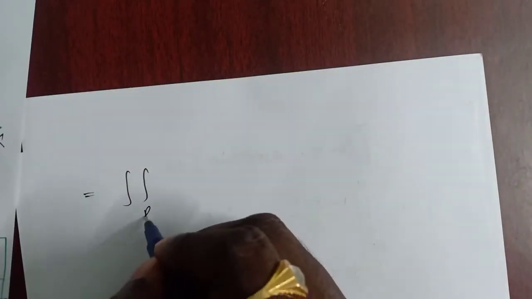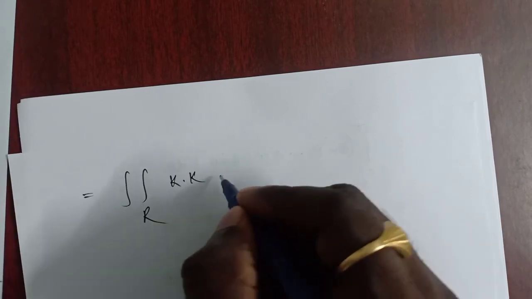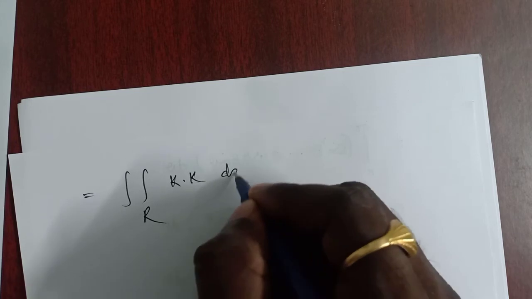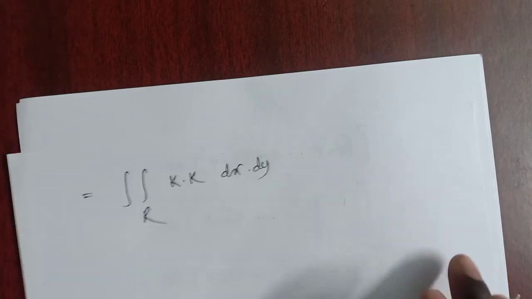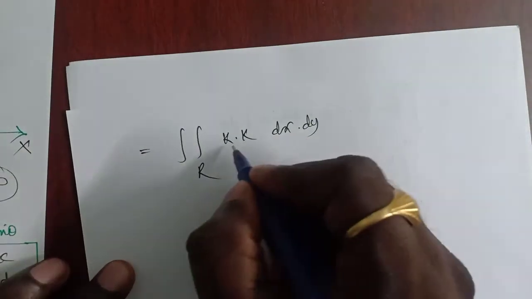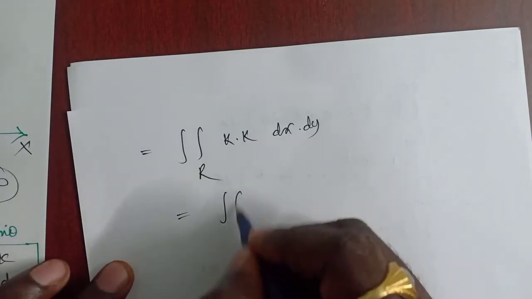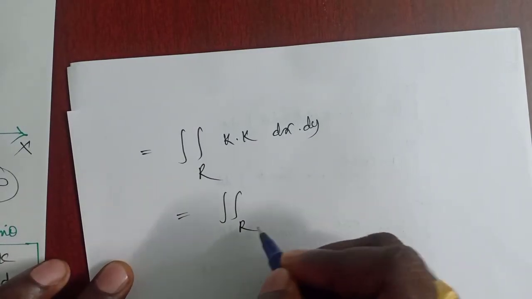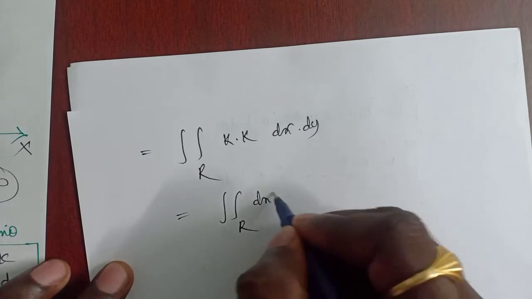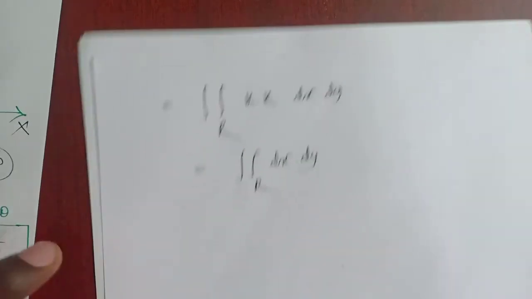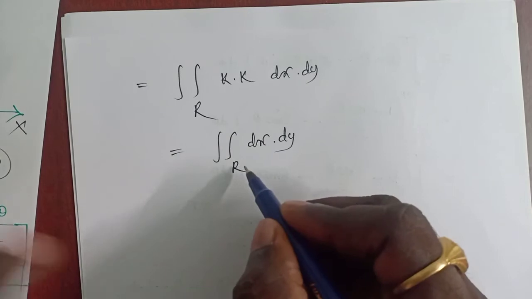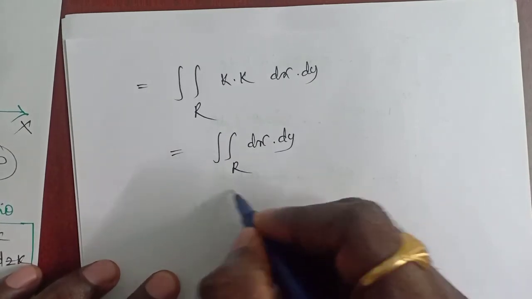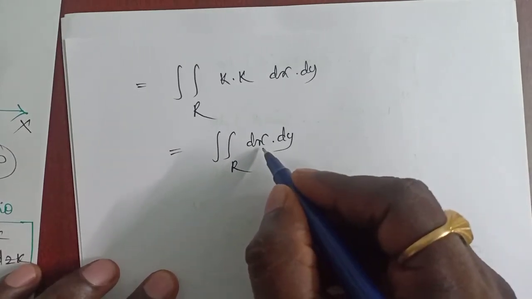So the region of k bar dot k bar and then dx into dy. So clearly k bar dot k bar is what? 1. So that double integration along the region dx into dy. So clearly double integration over the region R of dx into dy.